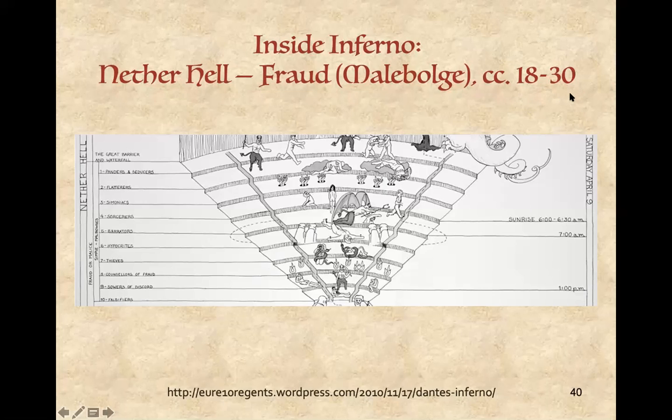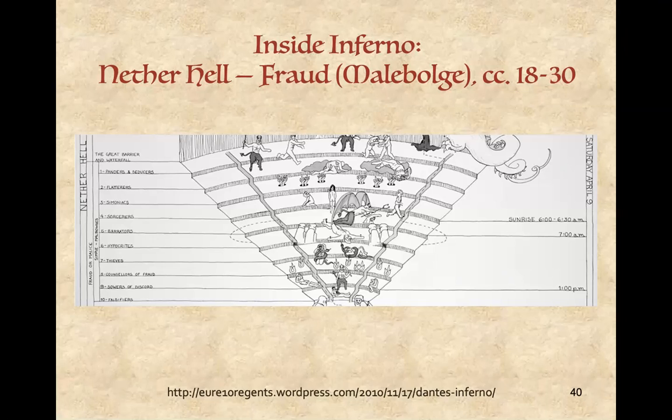So even though Inferno is represented as a funnel, paradoxically, the upper parts, in which one would gather the larger part of souls, are those to which Dante gives the lesser part of the poem.